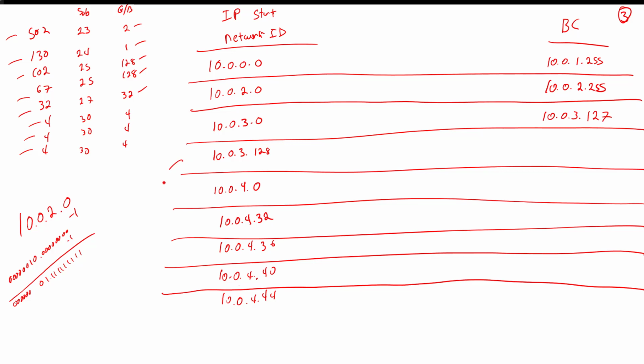For the 4th network, we look at the 5th network. We can't subtract 1 from 0, so that becomes 3.255. To do the 5th network, we look at the 6th network. 10.0.4.31, because again, we're subtracting 1 from the next ID.